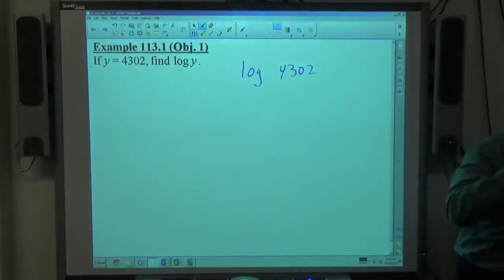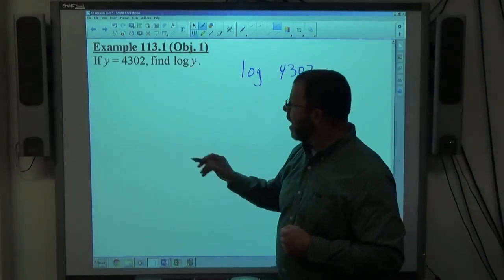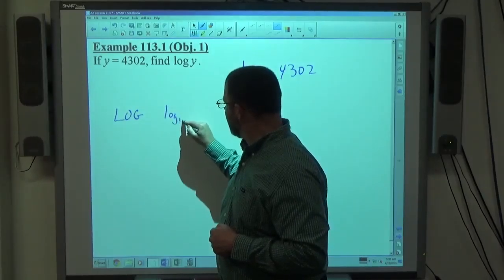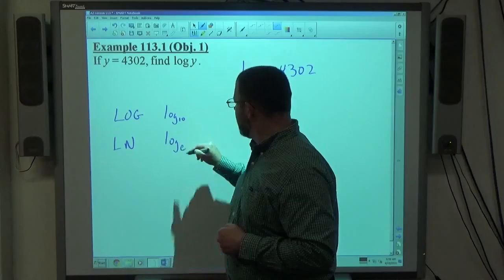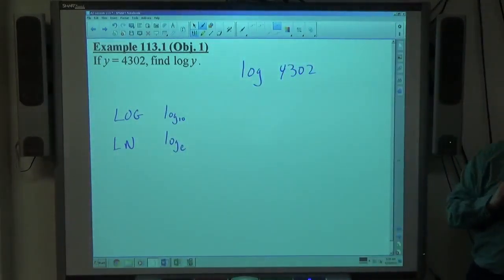Now, I just introduced you to the idea of logarithms, and I said log and natural log, right? And you got two buttons on your calculator. Log is log base 10, and ln is log base e. And all of a sudden they give us a problem that doesn't have a base on it. Just says log, doesn't give us a base.